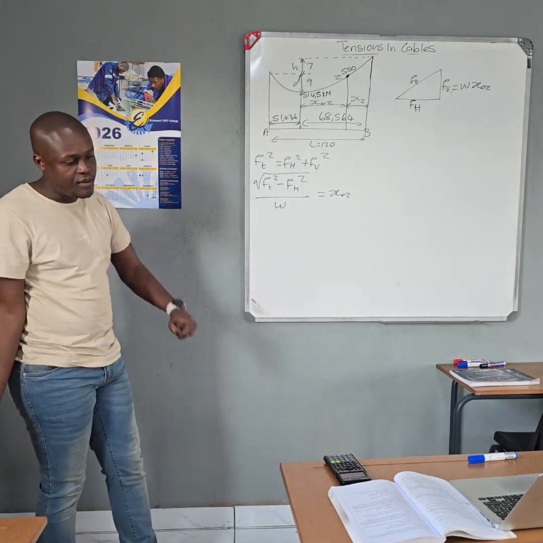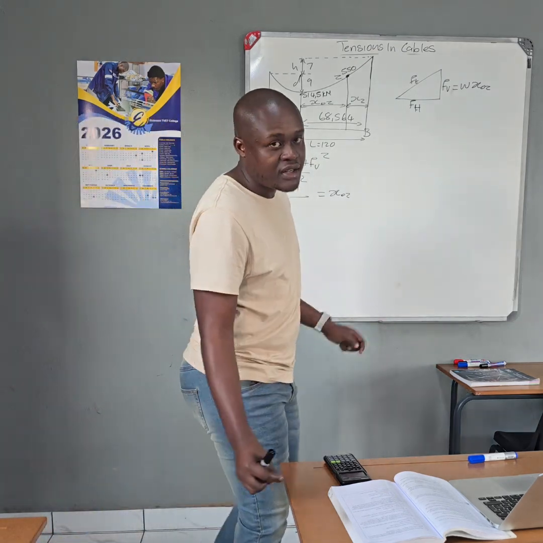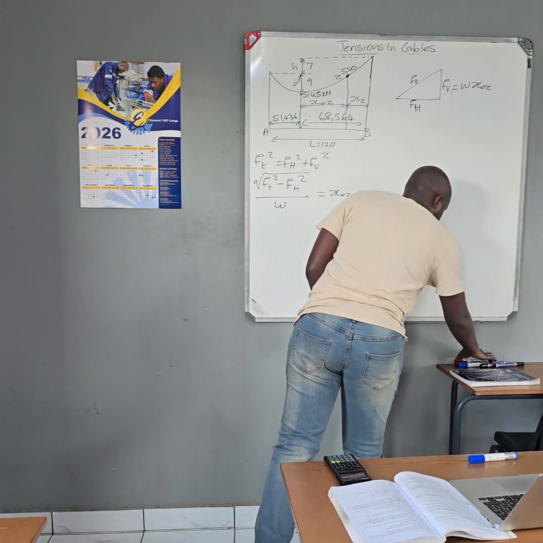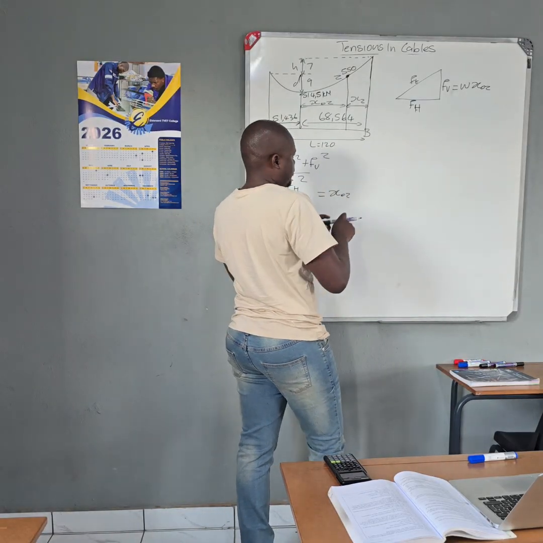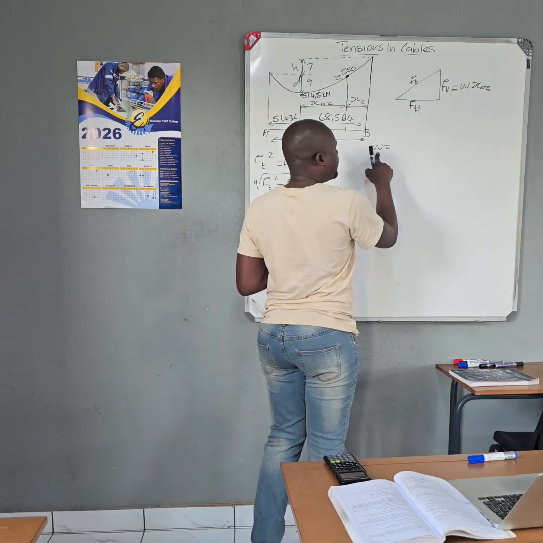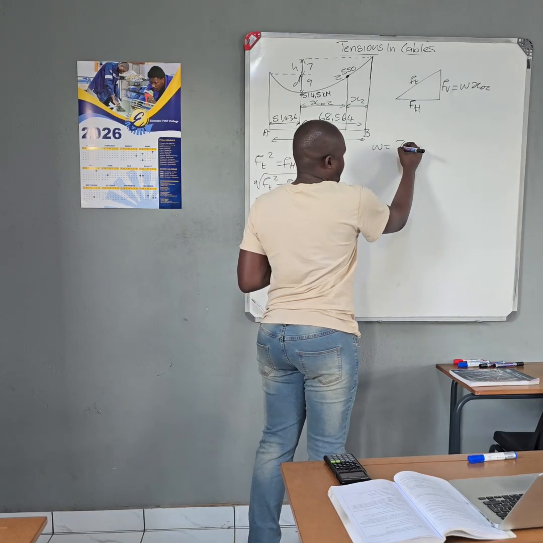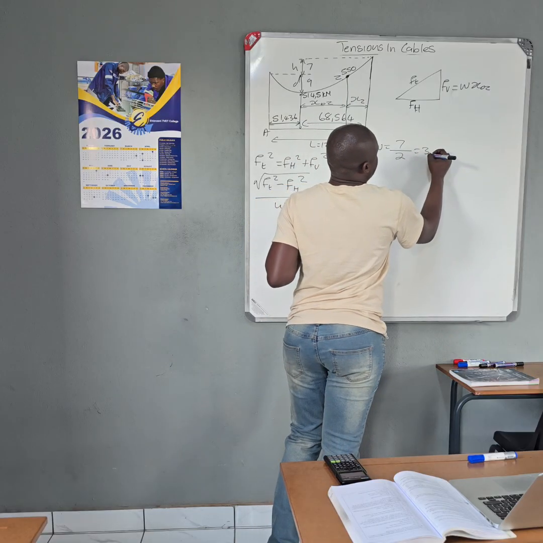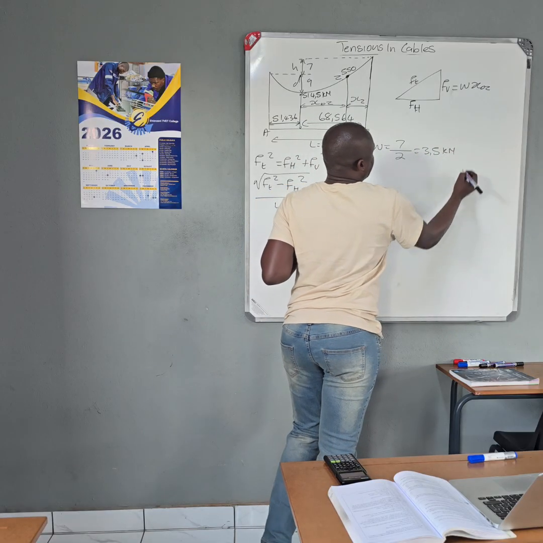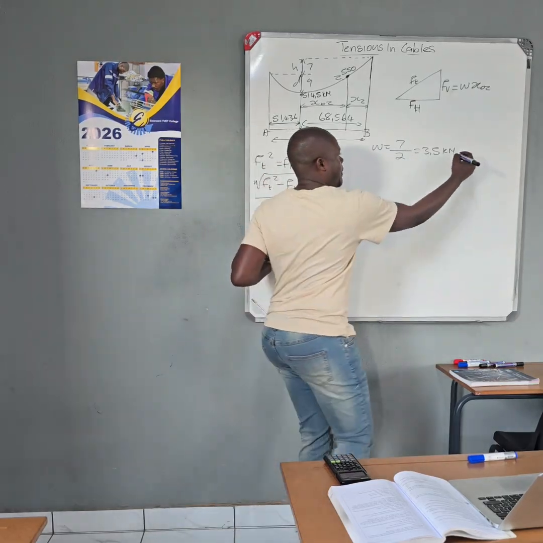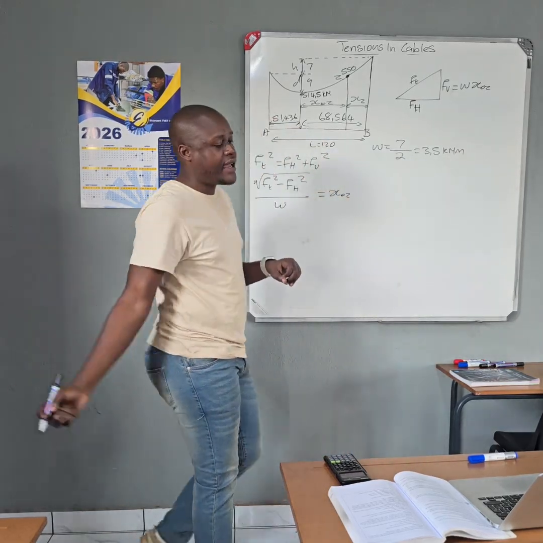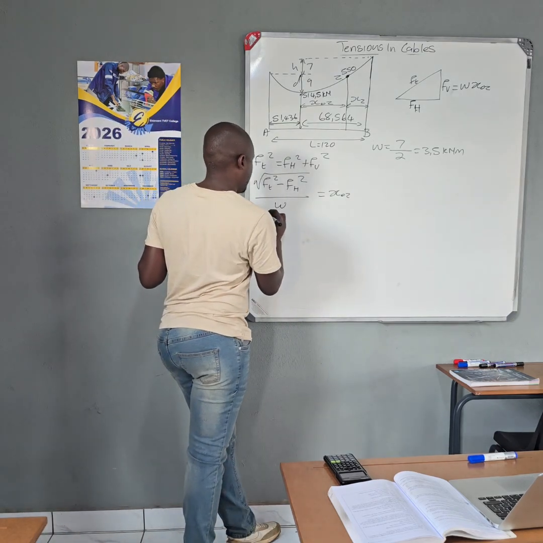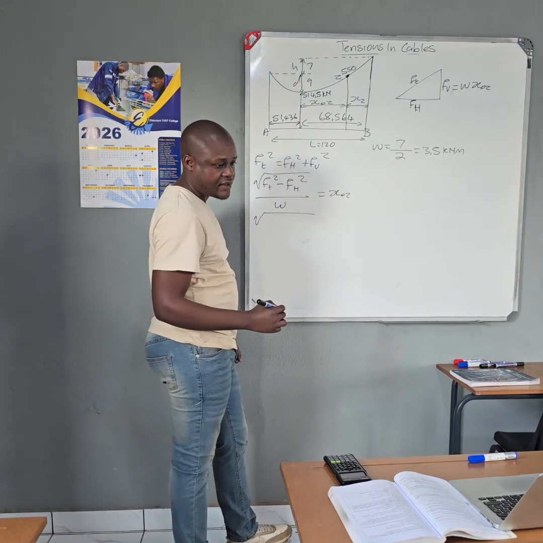Right. But now, it said also here on number 2, in the cable. So once it says in the cable, W of the cables is 7, right? We want in the cable W to be equal to 3.5 kilonewtons per meter.